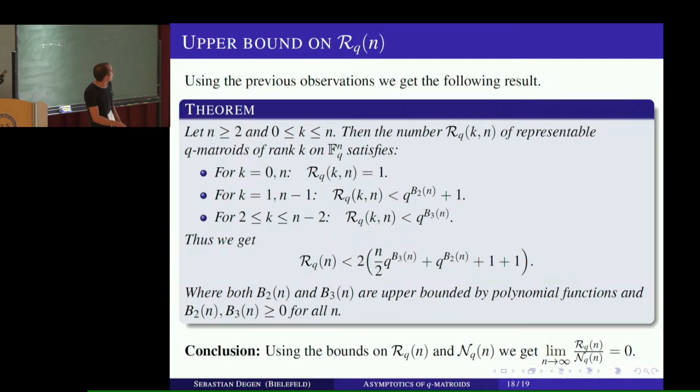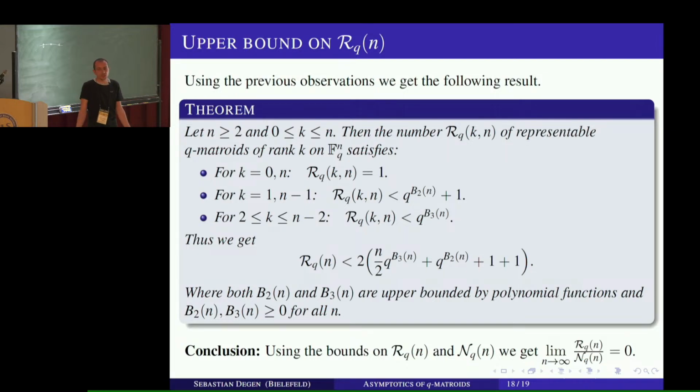Whenever we have a dimension greater or equal to 2, and we have a rank k between 0 and n, then the number of representable q-matroids of rank k can be bounded in 3 different ways, depending on the rank. If k is 0 or n, then we only have one q-matroid.